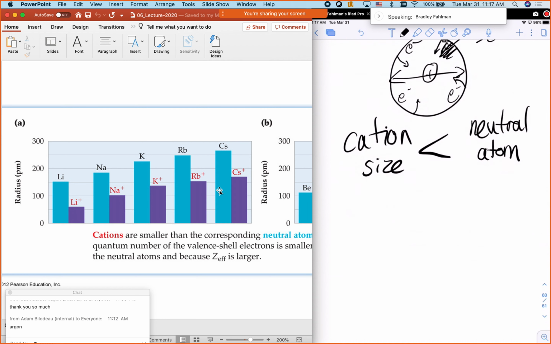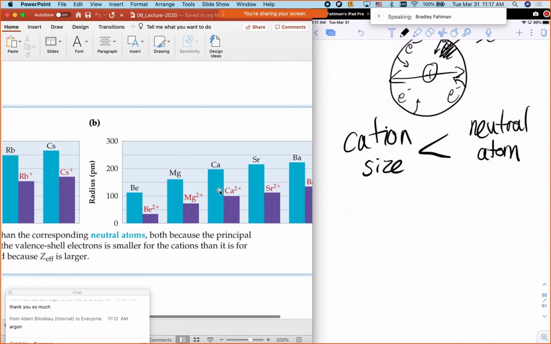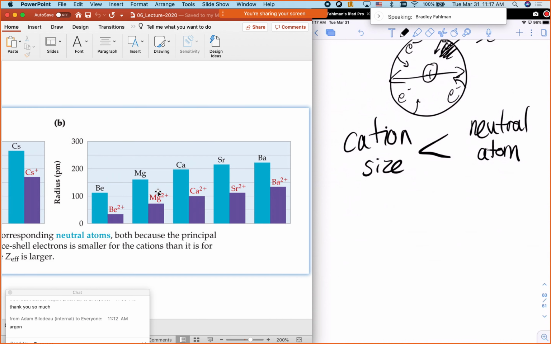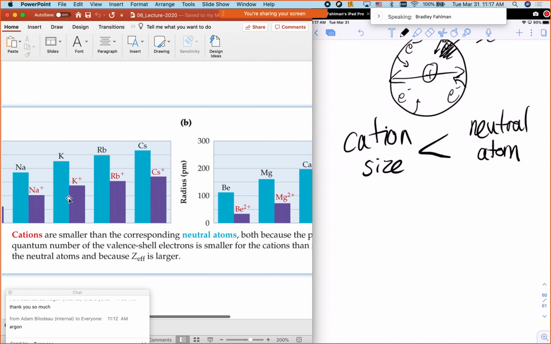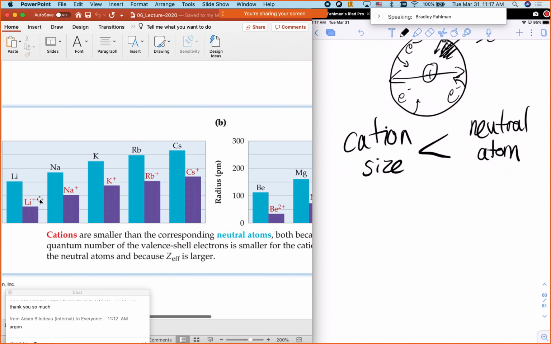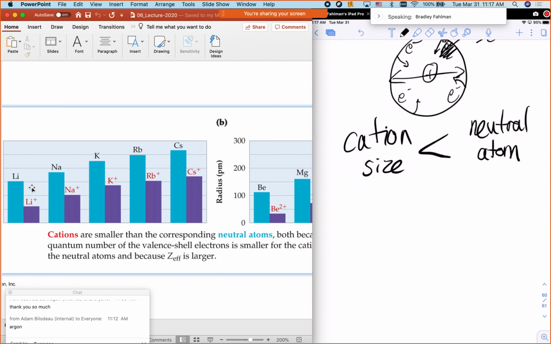Okay, and so then looking at the flip side of that, I guess this is still just the positive ions. So again, you'll see that trend, with now we're pulling 2 electrons away, and you see a dramatic decrease. So the more electrons you pull away, the greater is that difference, versus these ones, they decreased, but not as dramatically. Okay, I guess lithium did, because it's small to begin with. And so when you pull an electron away from lithium, you get helium, which is really small, okay?